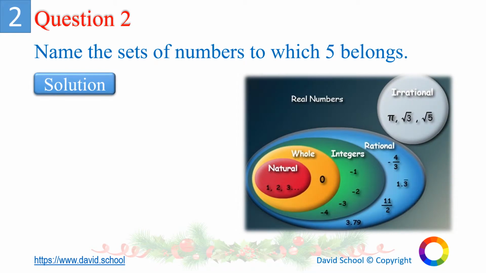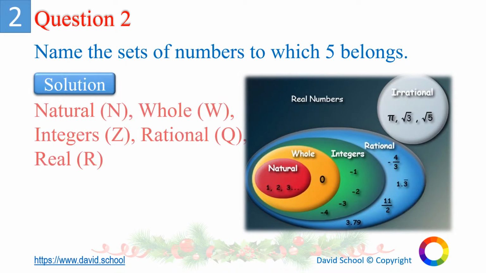We know 5 is a natural number, therefore it is a whole number and it is also an integer. 5 can be written as 5 over 1, therefore it is rational, therefore it is real. So 5 is natural, whole, integer, rational, and real.